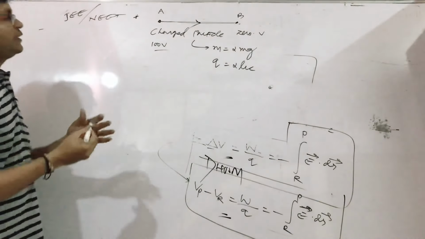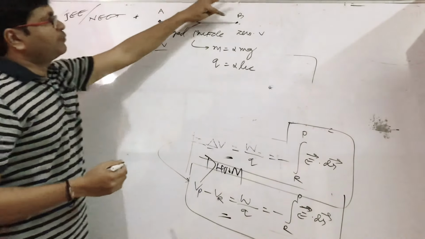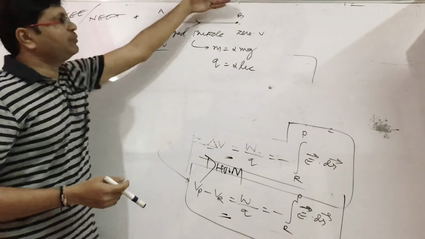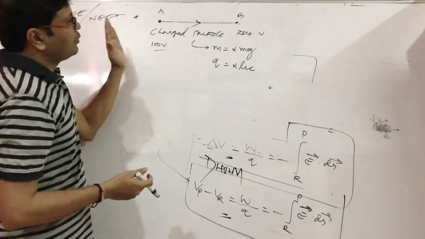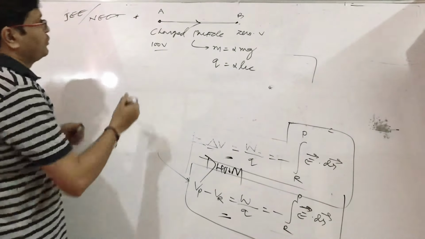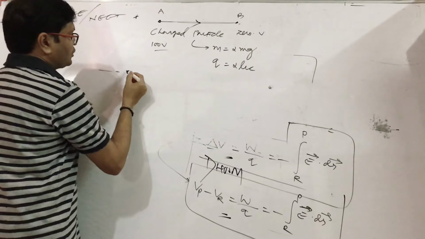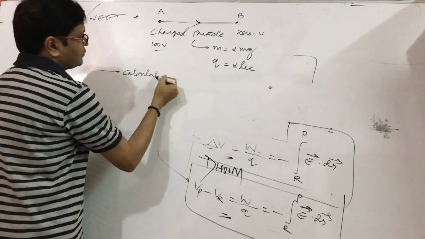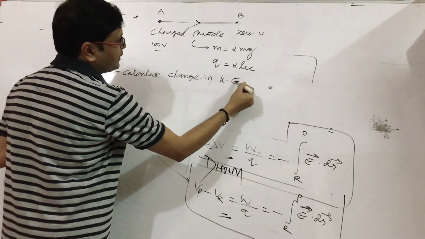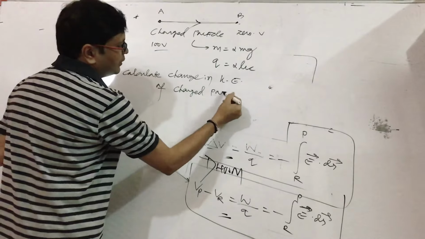So one point is clear. At point A, 100 volt potential, at point B, 0 volt potential. So obviously point A is at high potential, point B is at low potential, and we would like to move this charged particle from A to B. So whenever you move this charged particle from A to B, what's the question? Calculate the change in kinetic energy of this charged particle.